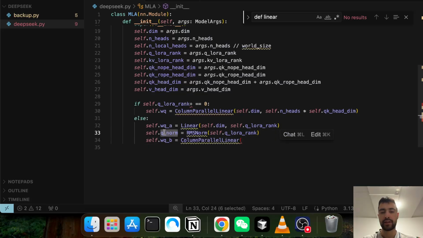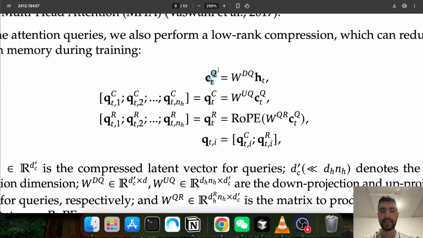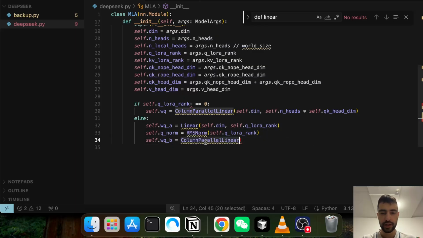So we define the normalization layer or normalization step, and then we will define the second query matrix, WQB. This is the matrix that will take the latent vector that we produced in the first step and convert it into the query. So this is the up query matrix. Up because it's converting a smaller vector into a bigger vector. That's why it's up. So we will also use column parallel linear.